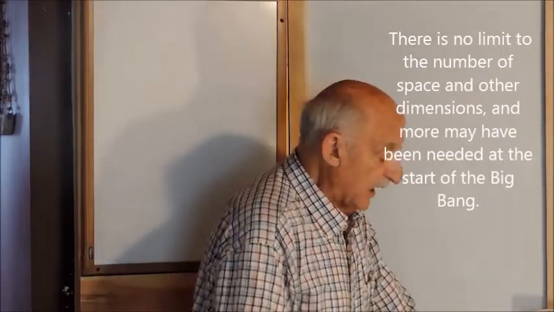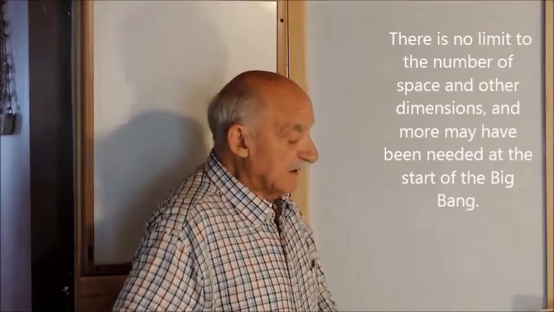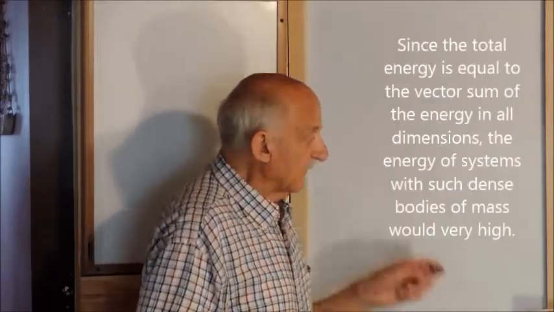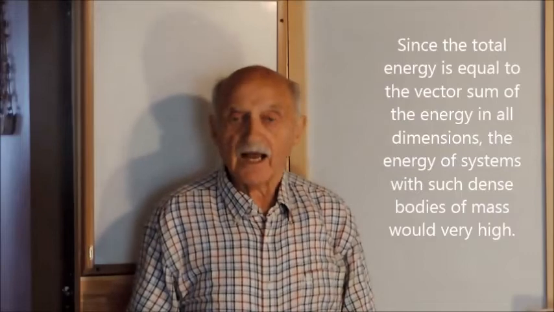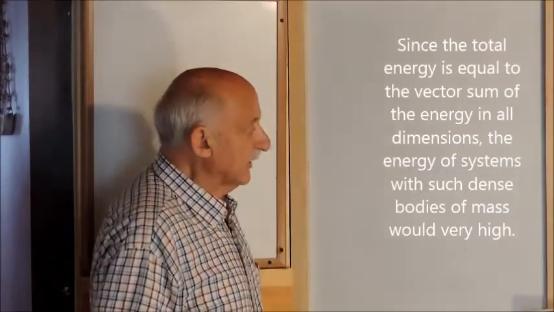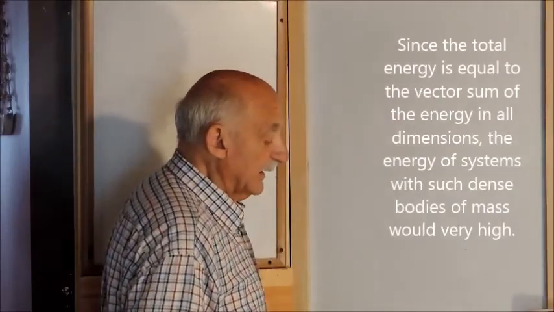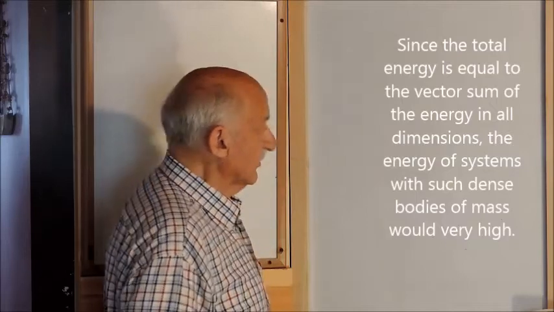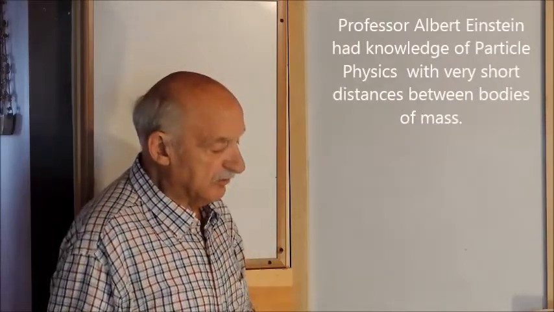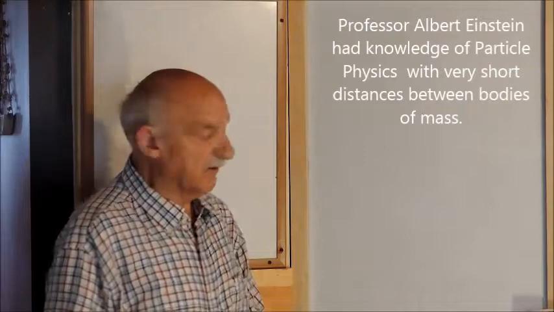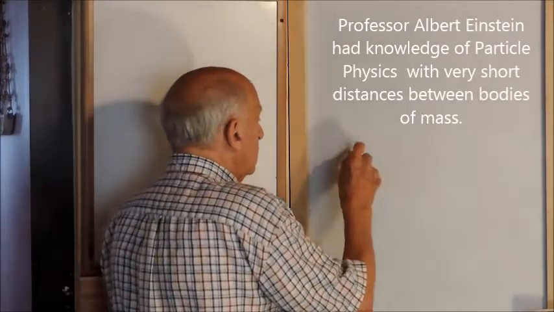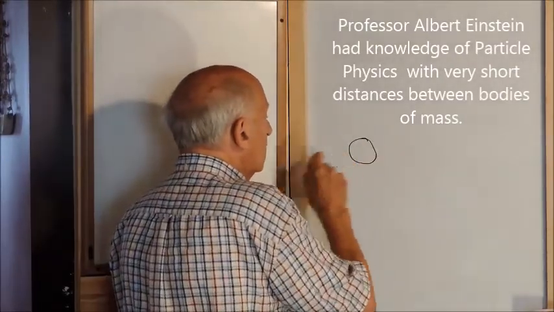Now, I want to start to talk about these separations as to how they're related to energy. And I'm going to get into Einstein's area now. We're going to leave Newton's area and get into Einstein's. And I'll talk about the Earth and the Moon.